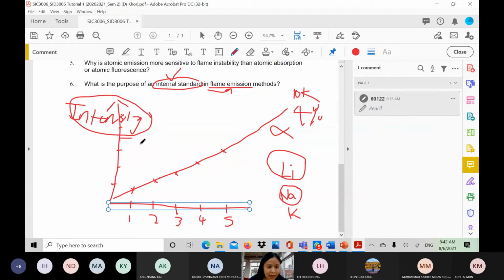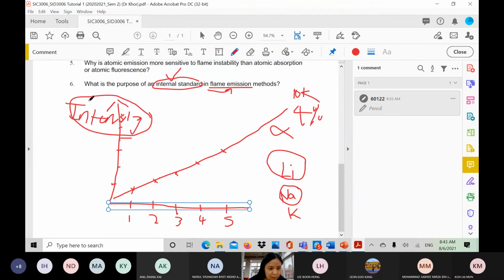If let's say we only measure the absolute intensity of the sodium, this intensity is unreliable because it will get affected by the change of the environment, the flame, the aspiration rate, the gas flow rate. So if we want to solve the problem, we must use an internal standard, the lithium.